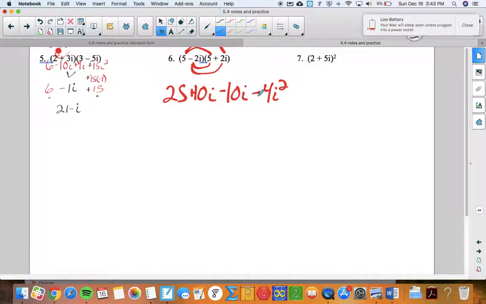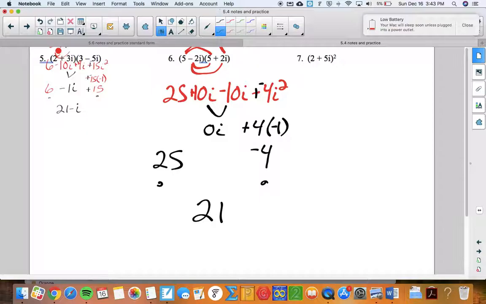And again, I'm going to chop slash, and I'm going to recall that i squared is really the same as -1. So this is equivalent to -4, which I can combine with the 25. And here 10i minus 10i combines to 0i, which I don't really need to write down anymore. So really I just have 25 minus 4, which is 21.